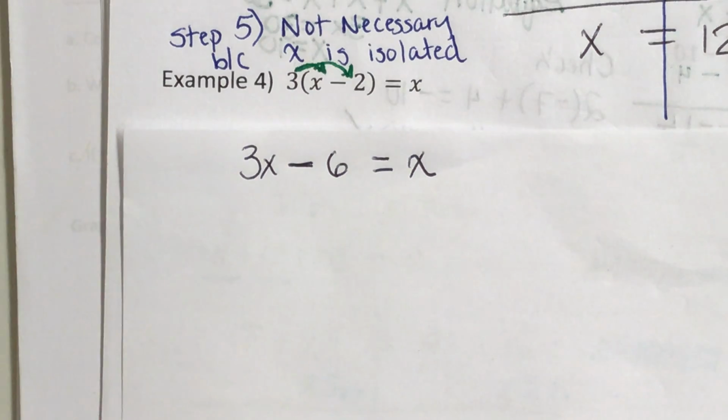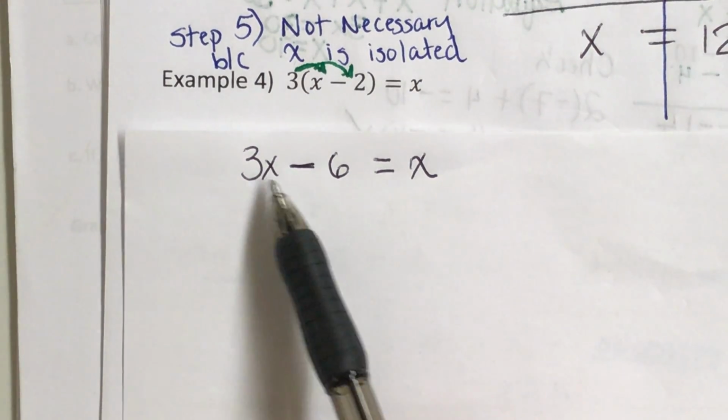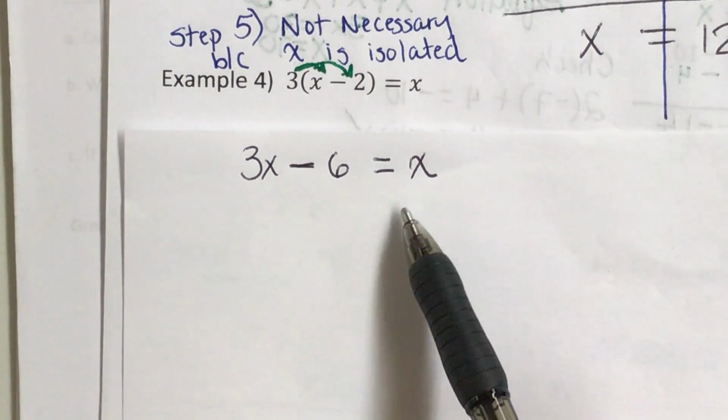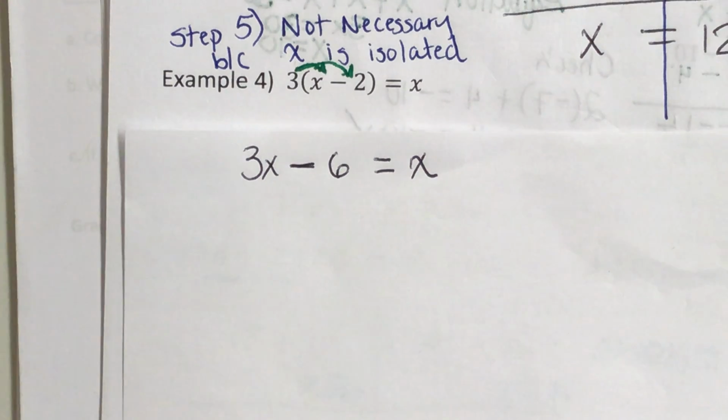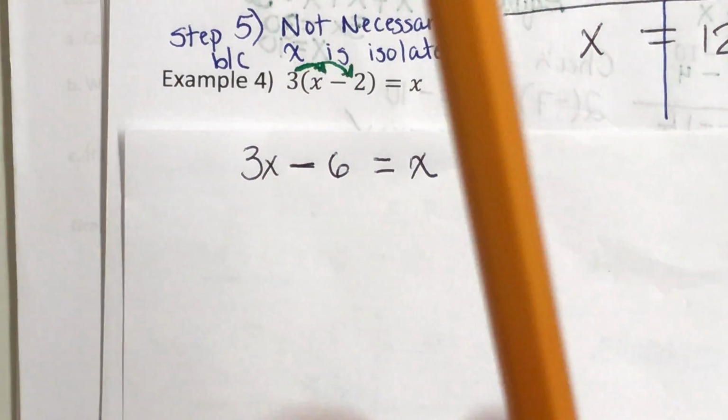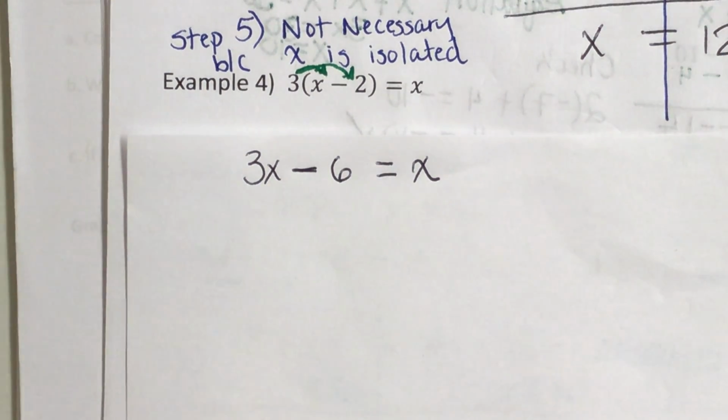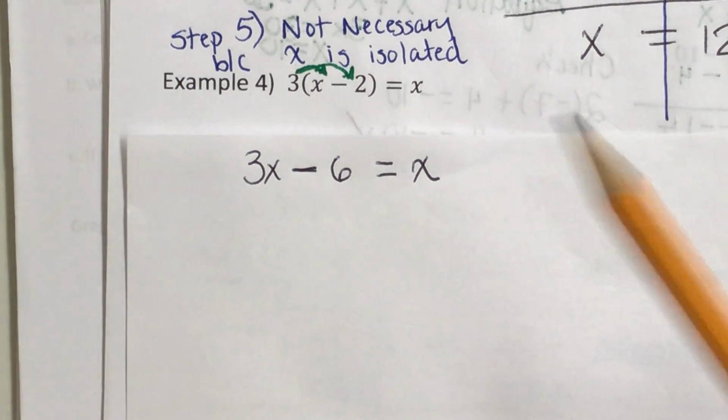So then the next step is variables together. Get the variables on the same side. So I need to be able to put the 3x and x on the same side. So how am I going to do that? Well, this is one that you really have to be careful with, because I see this mistake over and over again. One problem that I always see students run into is they lose one side of the equation.